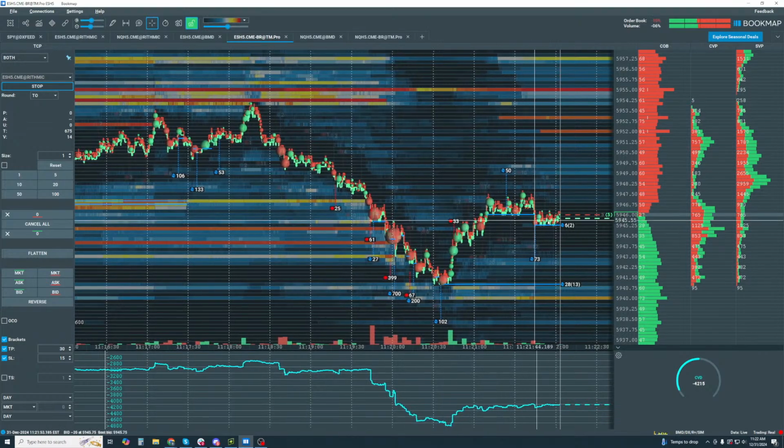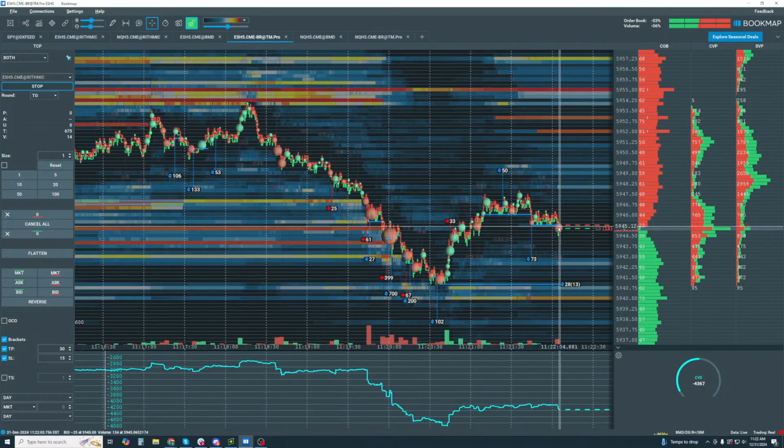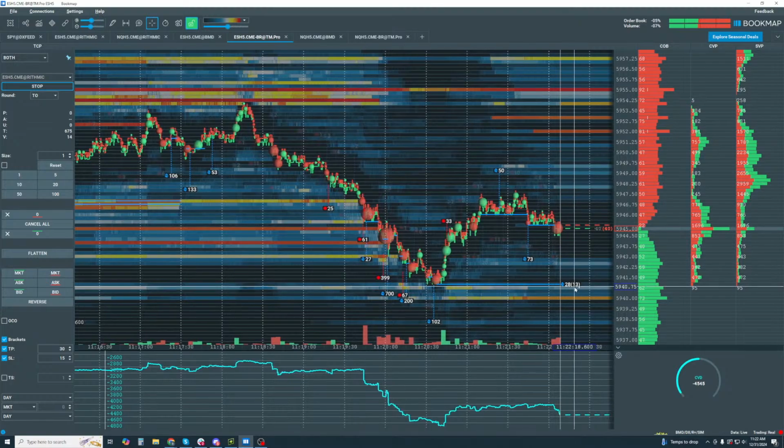A few icebergs going off in here. Market there. It's 50, 73, 28 still in.